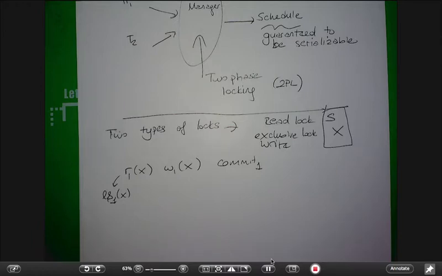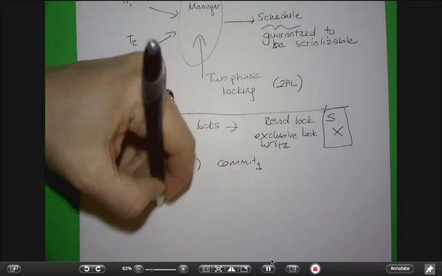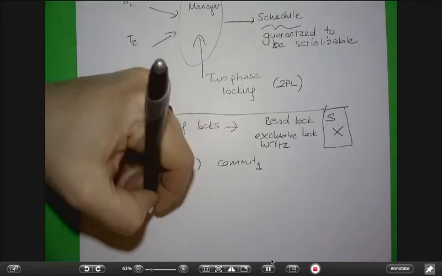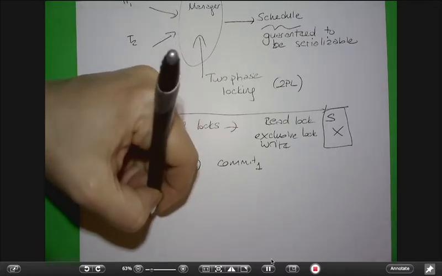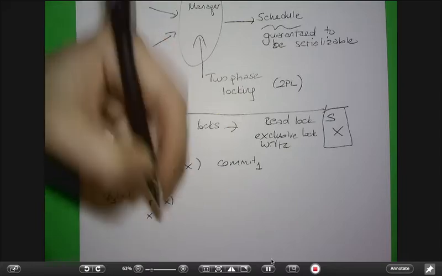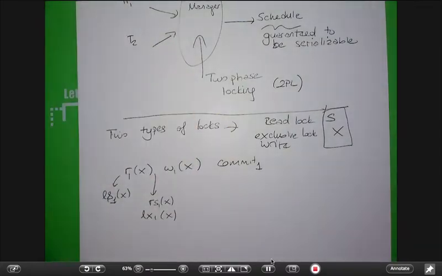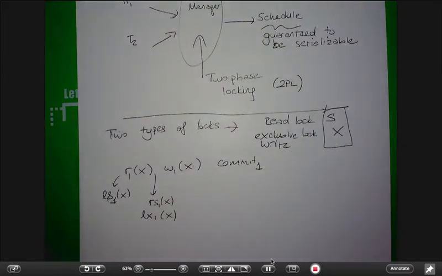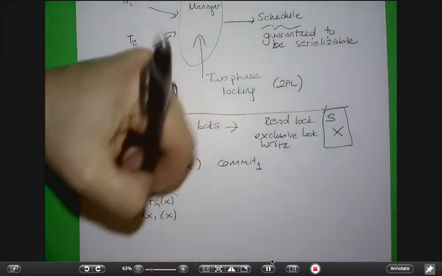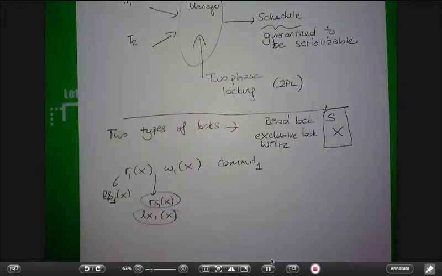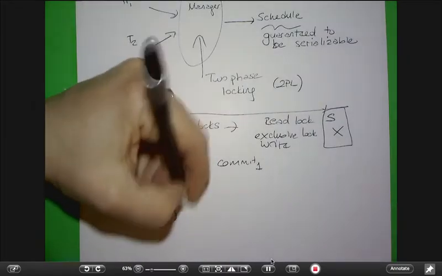Then, for this to happen, it actually has to release the shared lock and then get an exclusive lock so that it can write. But under two-phase locking, you cannot release a lock and get a new lock. Not possible, right? So you cannot do this.